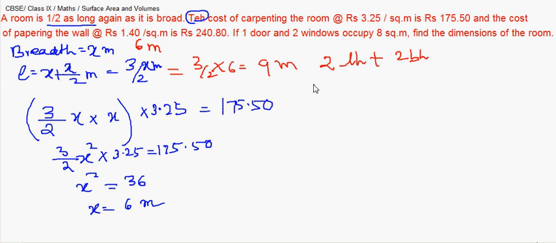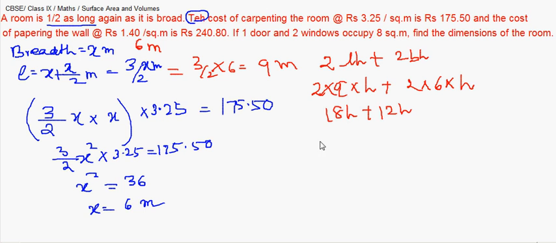So it becomes 2 into 9 into H plus 2 into 6 into H. So that's 18 H plus 12 H, that's 30 H. Now this 30H is the area of the 4 walls. This at a rate of 1.40 per square meter costs around 240.80. So let's calculate H from this equation.